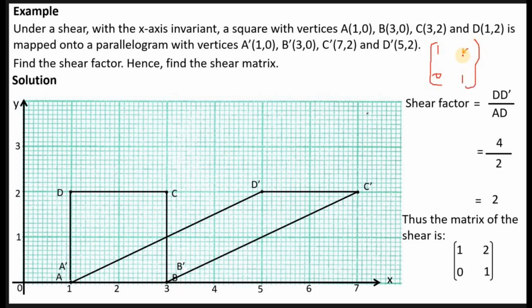Now since the shear factor has been found to be 2, we substitute 2 for k to form this matrix here. So this is the matrix that we are looking for, the shear matrix.